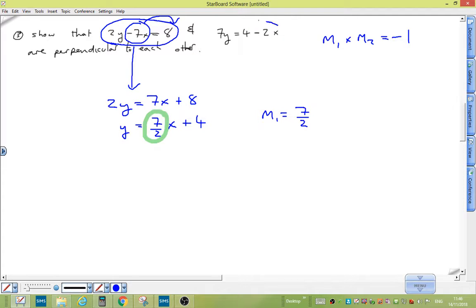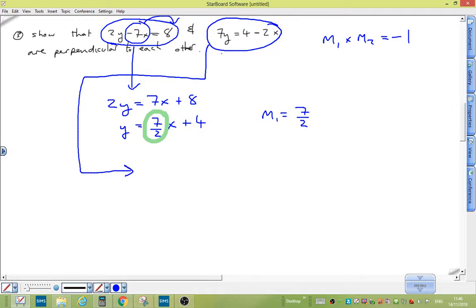Then I'm going to rearrange this graph here. All I've got to do is divide by 7. So y is equal to 4 over 7 minus 2 over 7 x. And quite clearly, the gradient is the number of x's you've got, including its sign. So M2 is equal to minus 2 over 7.